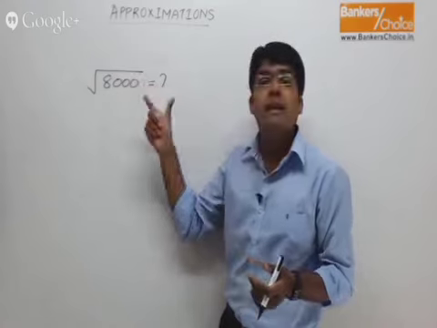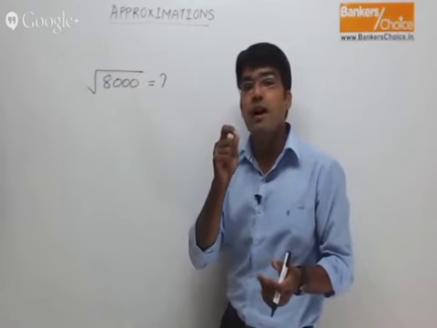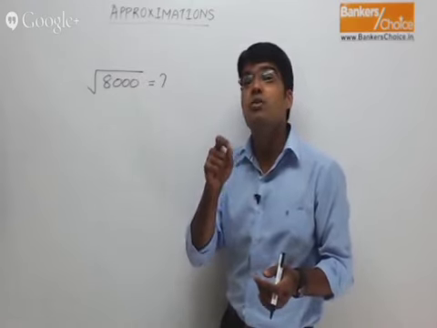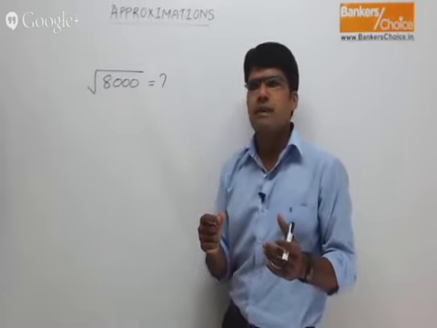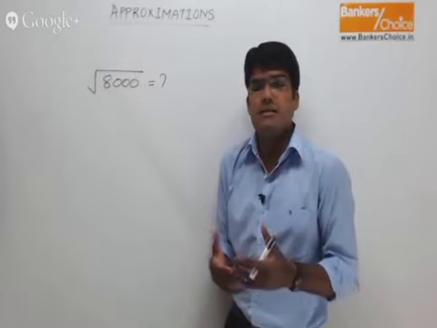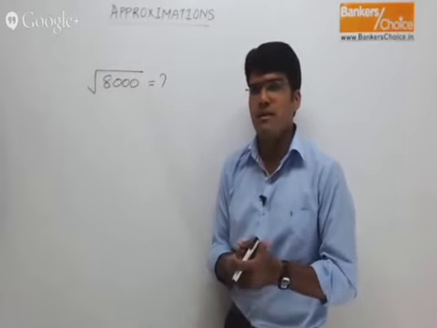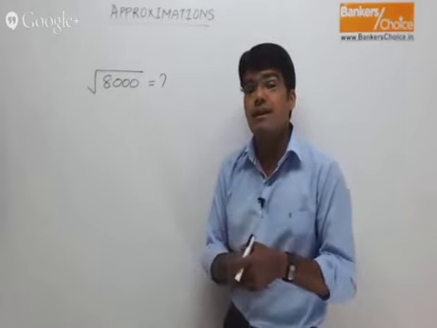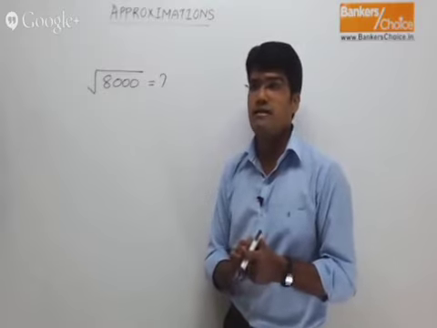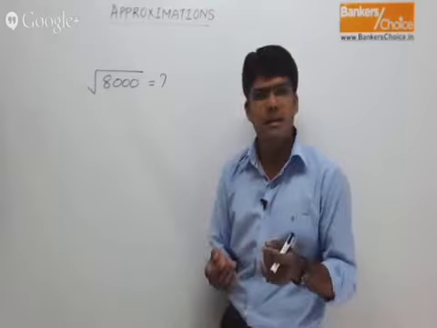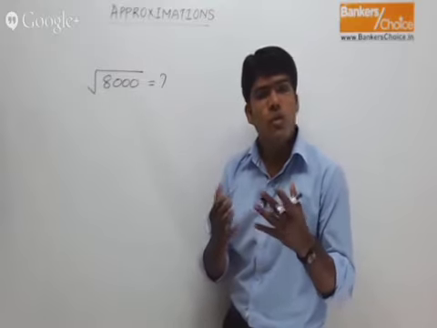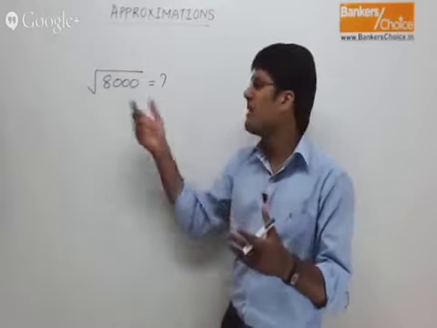Now, to find an approximate square root, you first need to understand which is the closest perfect square that you know here. For example, what is 80 squared? 6,400. What is 90 squared? 8,100. What is 70 squared? 4,900. So which one is close enough to 8,000?